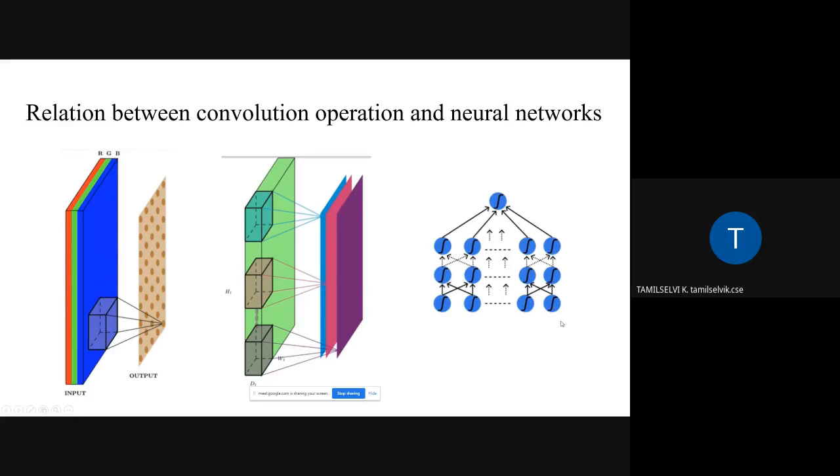Each neuron interacts with all the neurons behind it and gets the aggregated output. That is the pre-activation, then the activation. The pre-activation is dependent on all the neurons present behind it.